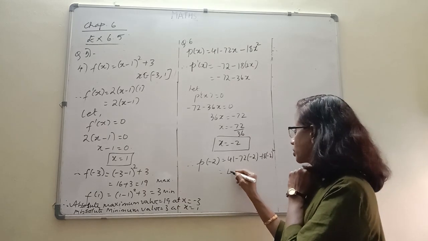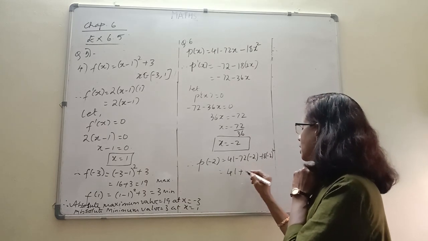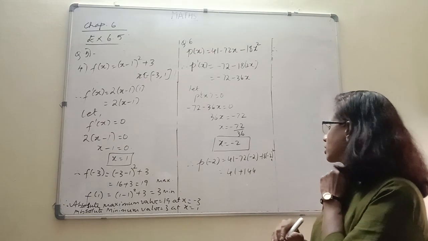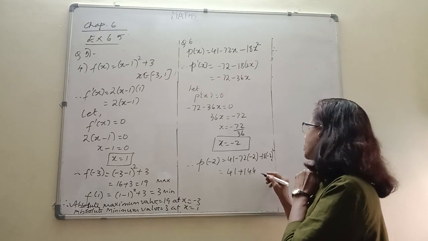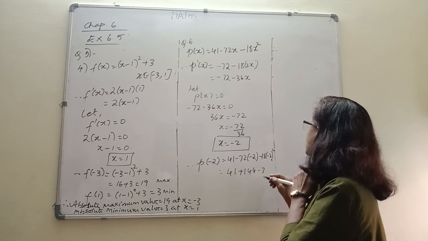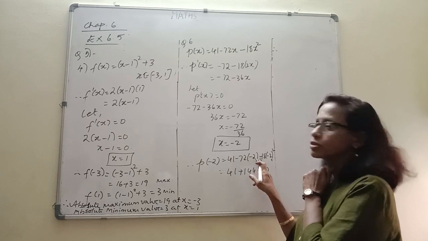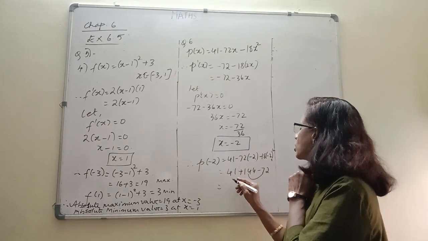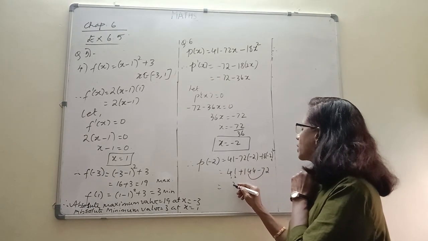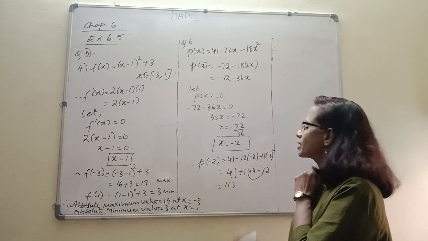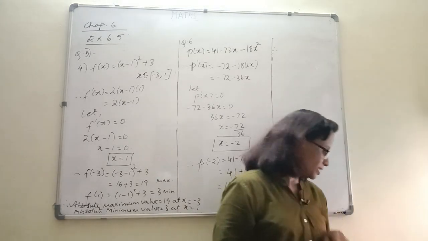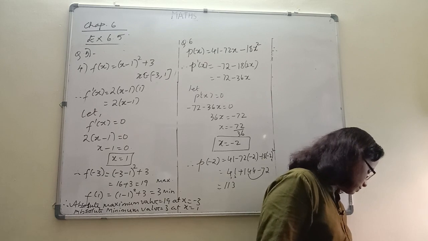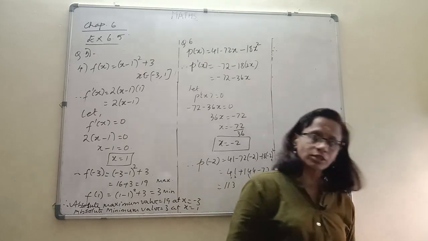So check that. 41, this will be plus 144, and this is 4 actually, so 18 times 4 is 72. Negative 72 because of the minus over here. 144 minus 72 is 72. So 72 plus 41 is going to be 113. So your maximum profit is 113 rupees or whatever. I don't know the denomination.